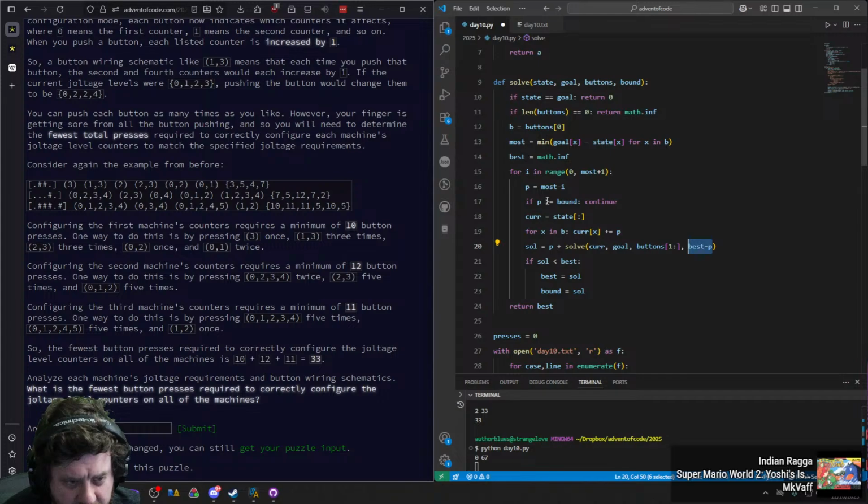The goal is to skip the checks that aren't going to improve my solution. That's what the bounding option is doing here. It's saying, hey, if you've already done 11 presses and the best I've seen so far is 10, don't bother. Don't bother going in this direction. You're never going to improve my solution.